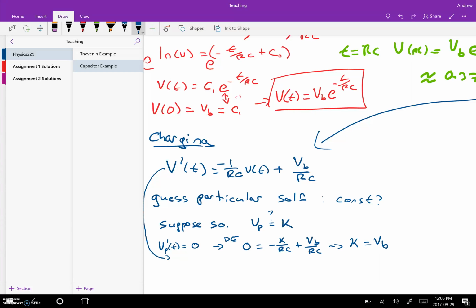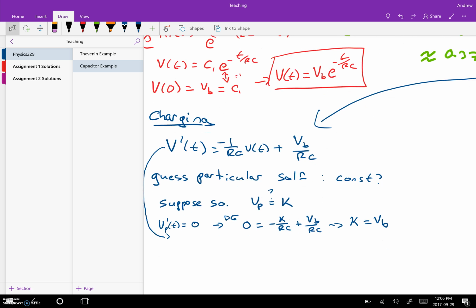So it's like, wow. That's how you solve differential equations? And that's why the mathematicians get paid the big bucks? I guess so. So it turns out it works. As long as the constant is equal to VB, then this perfectly well solves the differential equation. The derivative is 0. If V of t is equal to VB, we could have actually just read that right off. That also gives you 0, so the differential equation is solved.